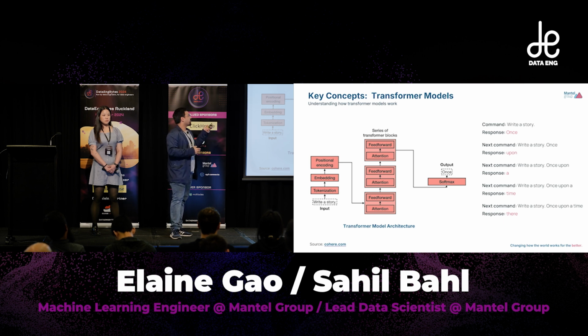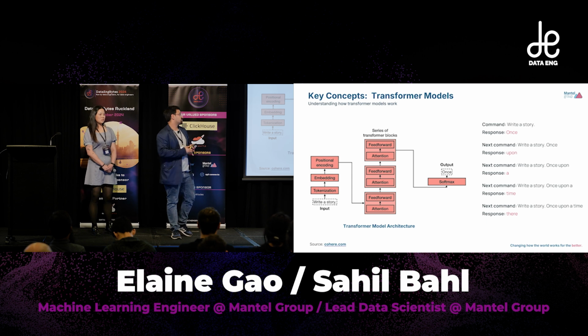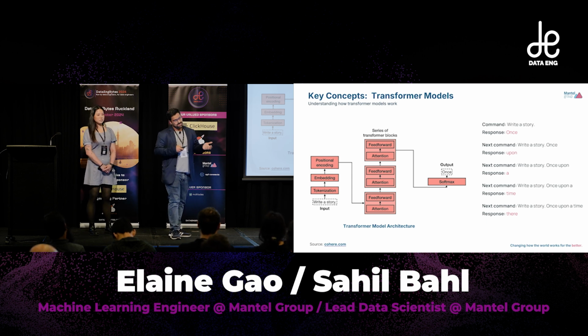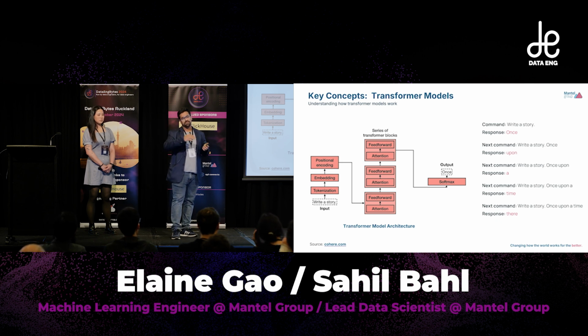And what we are essentially training these models to do is try and predict the next word. So if you take in an input as write a story, then the response is once, and then you go on generating each token or each word as is. So you basically just try to generate the next word based on the previous context that we have so far.